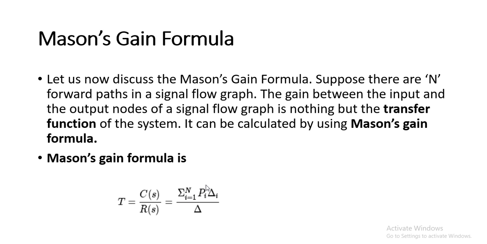So what do we mean by forward path? That we have seen. For that particular forward path, for example if there is one forward path, then P1 is the gain of that forward path, and delta i can be calculated with the help of this delta. How we have to calculate that, we will see in upcoming slides. Just see what we have covered.